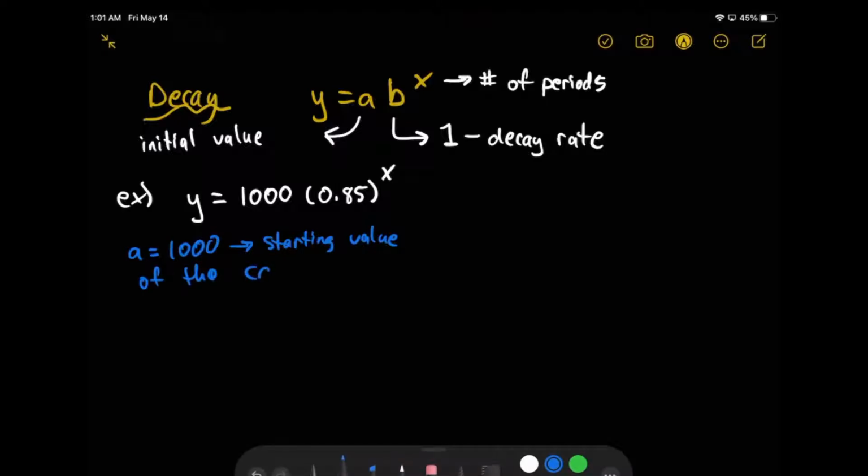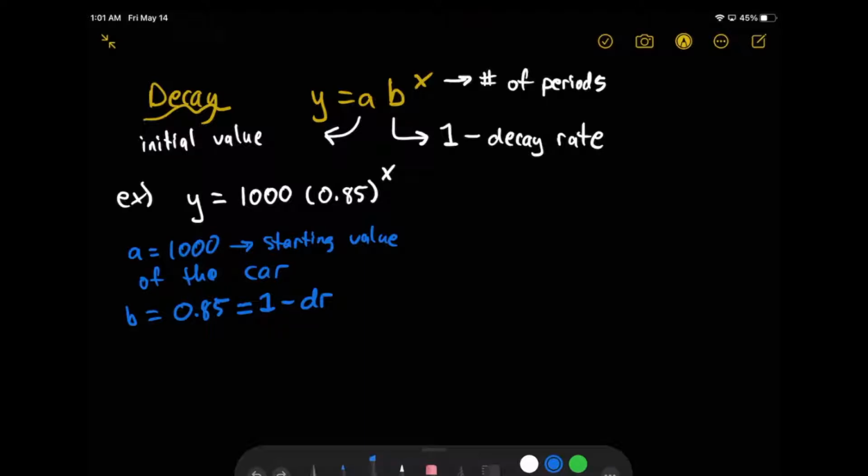So when x is equal to 0, when no time has passed, when I've just received it, so presumably this is what I've paid for it, it has a value of $1,000. B is equal to 0.85, and remember that B is equal to 1 minus my decay rate. So we're going to figure out what my decay rate is. How much is the value of my car going down by each time?